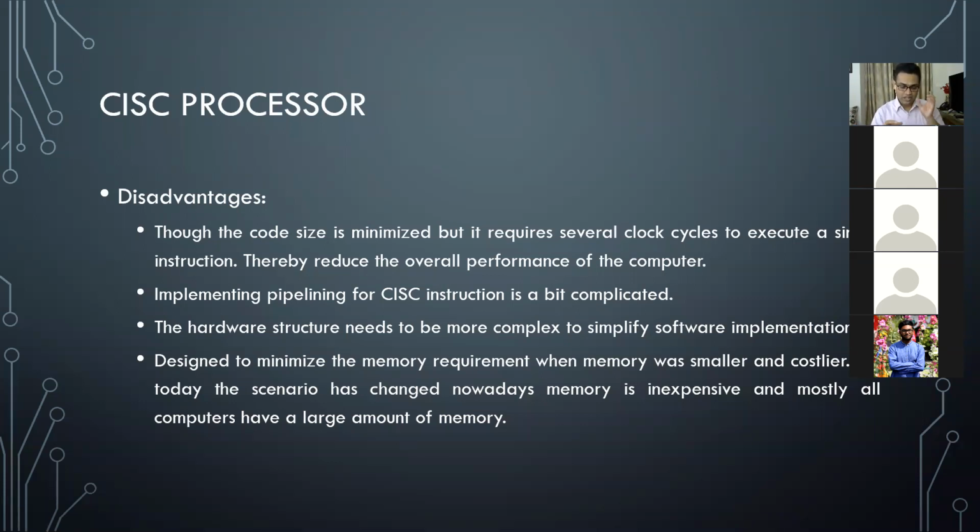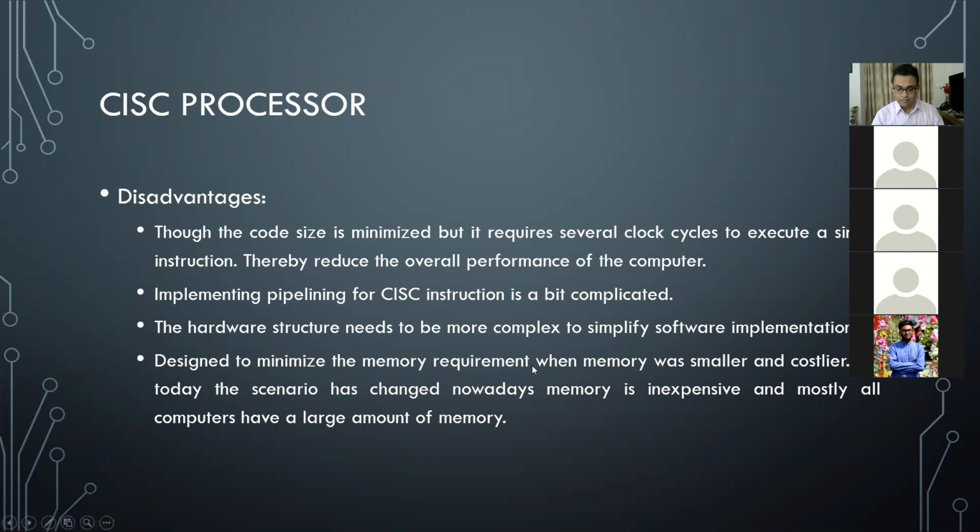I have done the first one, then I go for the second one, the third one, the fourth one. So this is pipelining. Whenever you have multiple instructions, pipelining is a little bit complicated for the microprocessor. Okay. Third one, of course, it's a complex one, by the way.